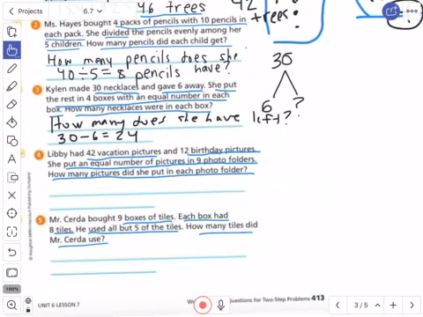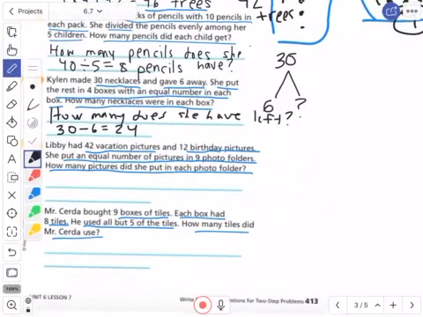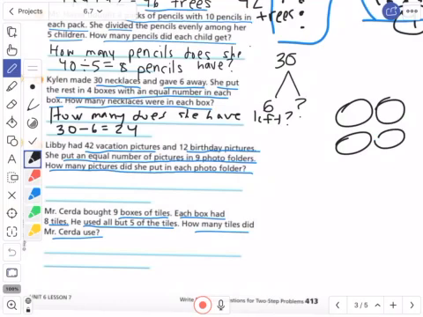So now we have to switch this to division, and I can think about it like this. If I have 4 and I have 24, I've got to think, okay, 4 boxes.